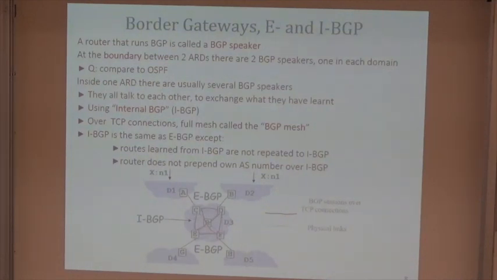This does not mean that the BGP routers are direct neighbors. They are not necessarily on link of each other. That would be a completely impossible requirement. If one network is in Zurich and the other in Geneva, there might be multiple internal routers in between, which is shown by this router here in the middle.